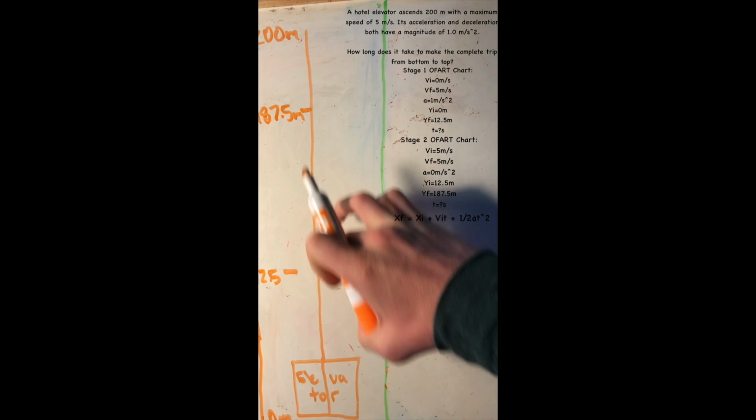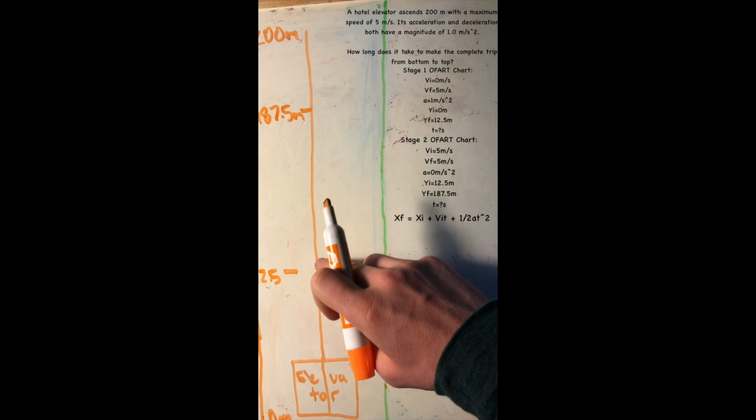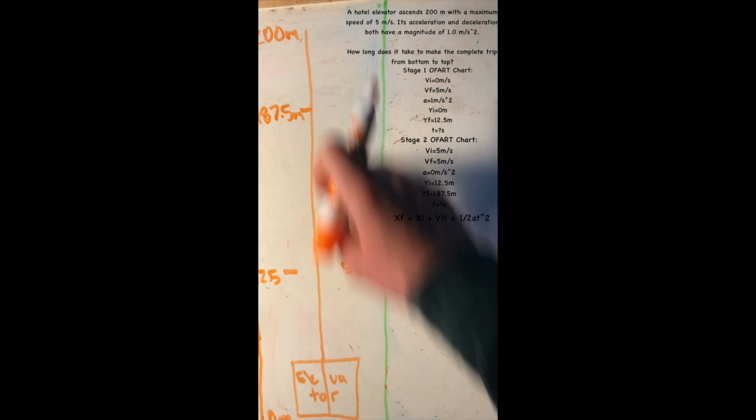Alright, so now we're going to do the same thing with the other stage. So stage 2, where it's traveling at a constant speed, we're going to find how long it takes to get from here all the way up to here. So we're going to use the same exact equation, but different values, of course.